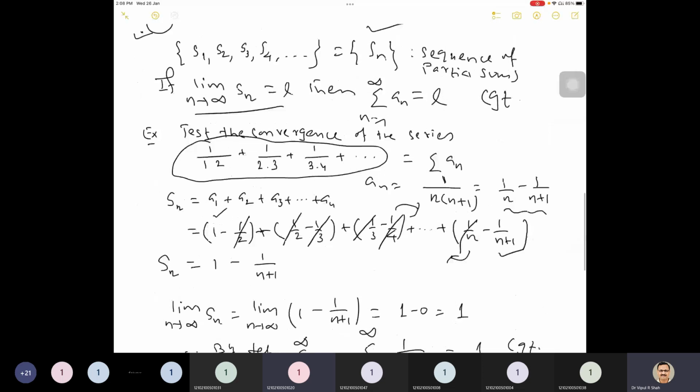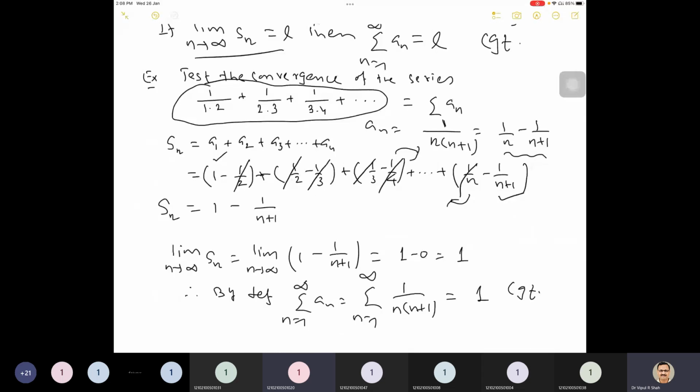So it is convergent. In this example, not only do we find that the exact sum is possible, but we actually find the exact sum also. Understand? Yes, sir.